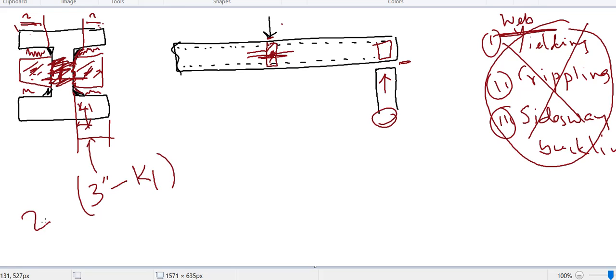Two sides, so 2, then if this is 3, it may not be 3, I'm just assuming 3, minus k1, times the plate thickness, whatever the plate thickness, say t. There is no standard name, say p means the plate we are inserting here. So this is how you can calculate the projected area for that stiffener, Apb. Okay, that is not our main discussion. Even that there is also a discussion. So our main discussion, we will go now.